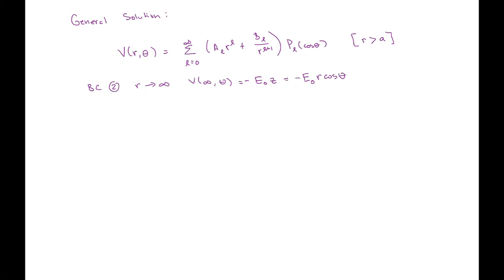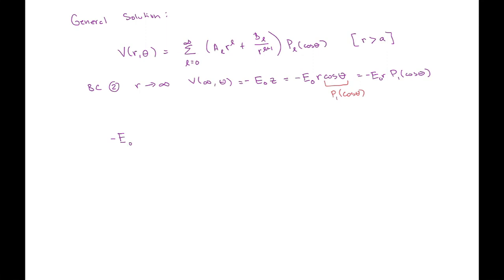Okay, notice this here, our first polynomial, so for L equals 1. Now I can rewrite this as negative E naught r times P_1 cosine of theta. So now I have a boundary condition for my potential, so I know what this is at a particular point. I'm going to rewrite that over here.